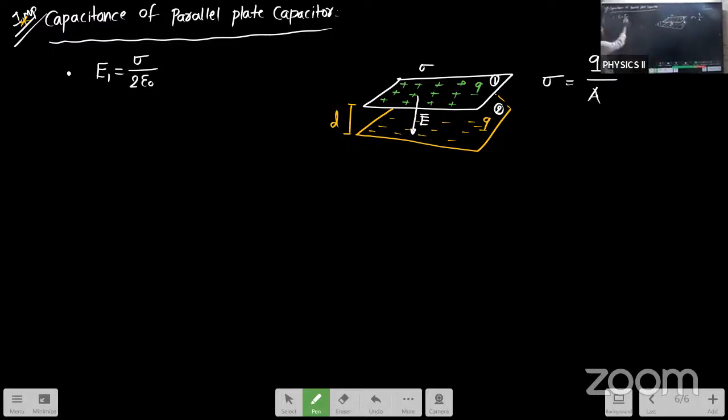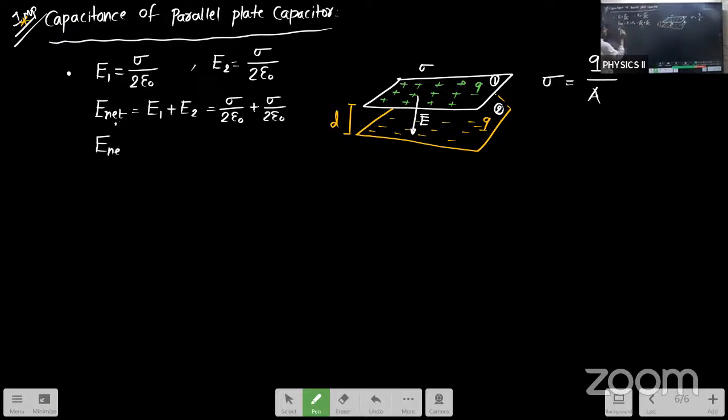Similarly, electric field due to the second plate is sigma by 2 epsilon naught. What will be the net electric field? E net is equals to E1 plus E2, which is sigma by 2 epsilon naught plus sigma by 2 epsilon naught.